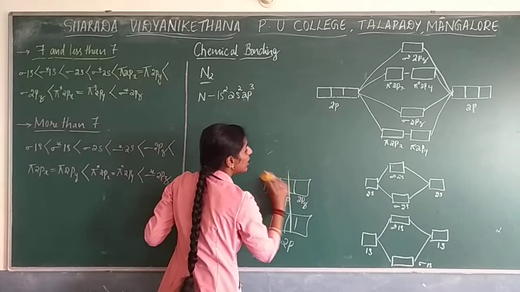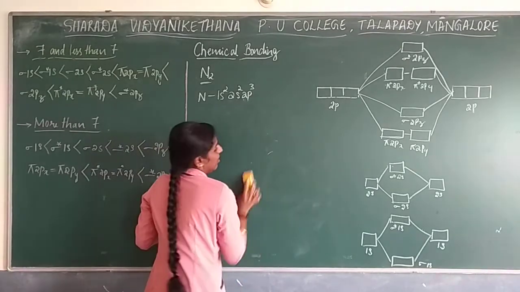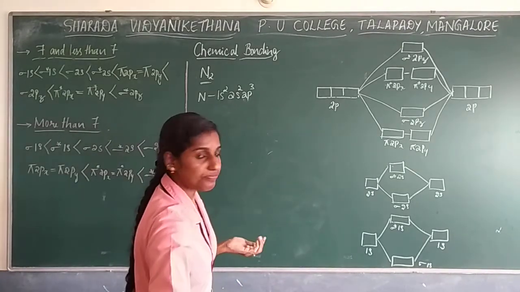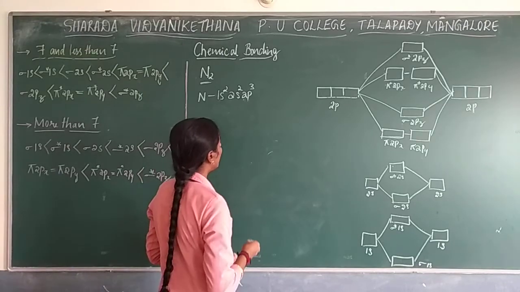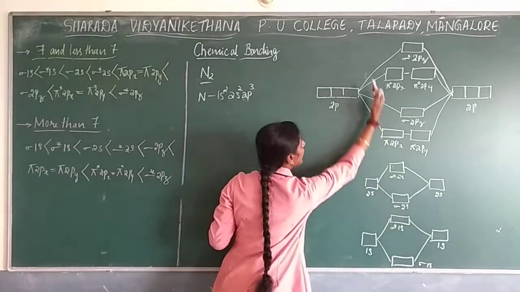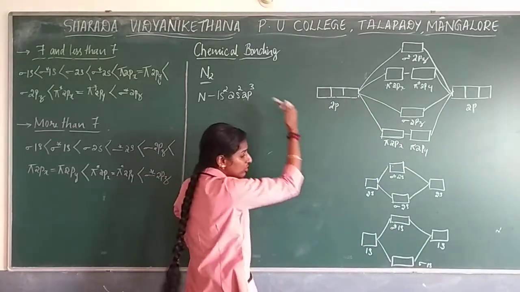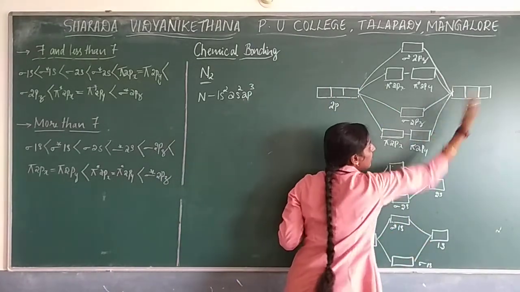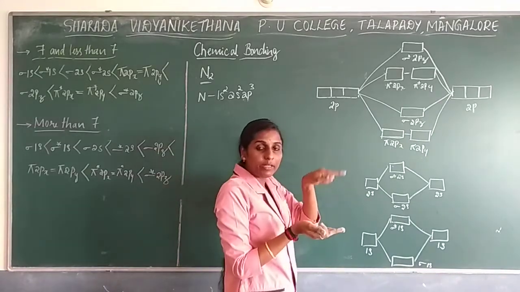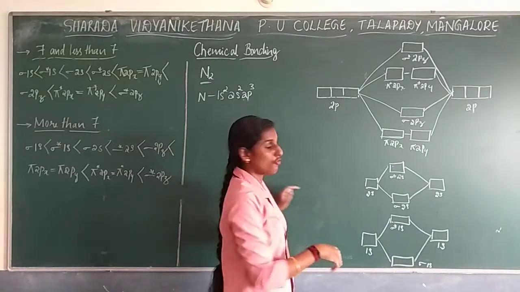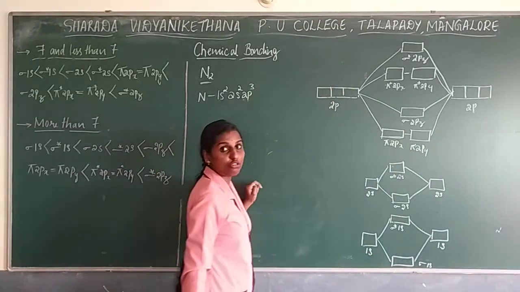Next, you need to distribute the electrons. Consider first one nitrogen atom. What you have written on this side is for one nitrogen atom, and this is for the other nitrogen atom. Combining two nitrogen atoms forms the molecular orbitals with two energy levels.